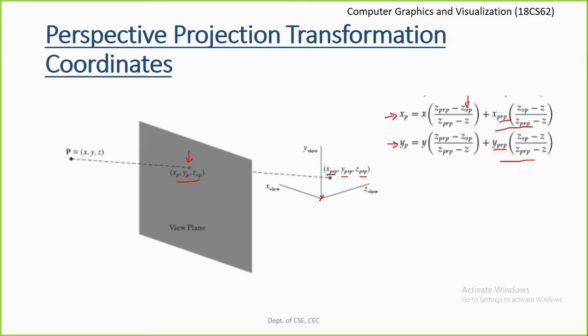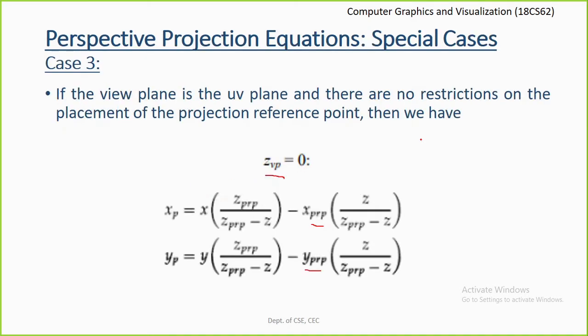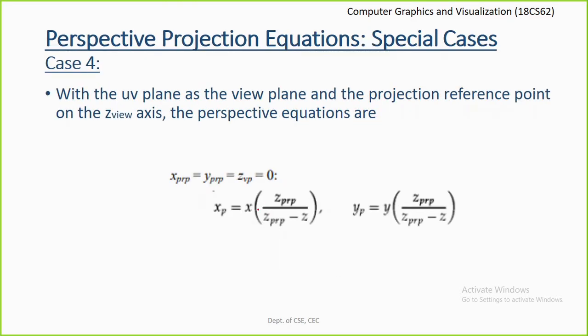XP equals x into ZPRP divided by ZPRP minus Z, and this term will be equal to 0. Same holds true for the y coordinate as well. So case 4, XP is given as x into ZPRP divided by ZPRP minus Z, and YP is equal to y into ZPRP divided by ZPRP minus Z.